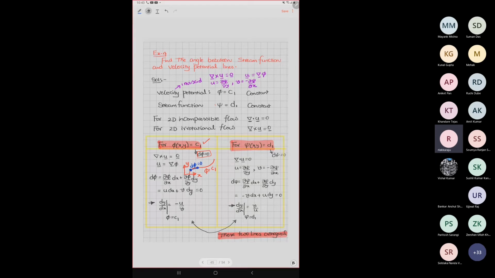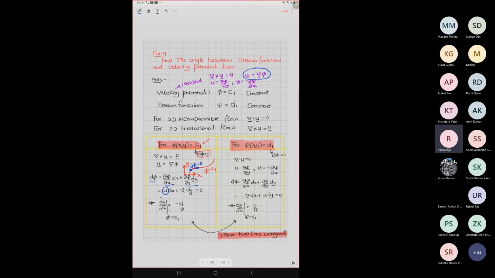So the complete derivative, let us pick it. The complete derivative d phi is equal to del phi by del x dx plus del phi by del y dy, which is equal to 0. Del phi by del x, already we know u is equal to grad phi. That means del phi by del x is u, dx, plus del phi by del y is v, dy, is equal to 0.